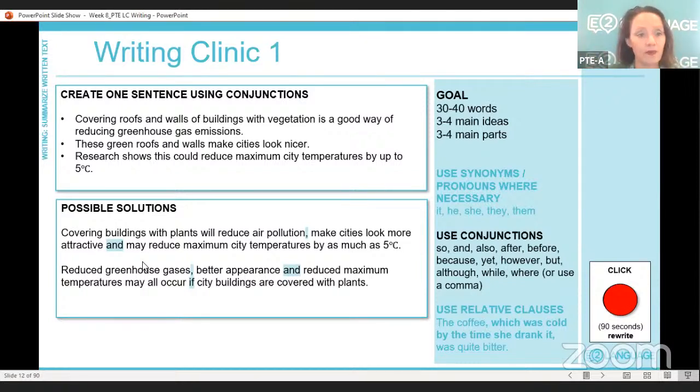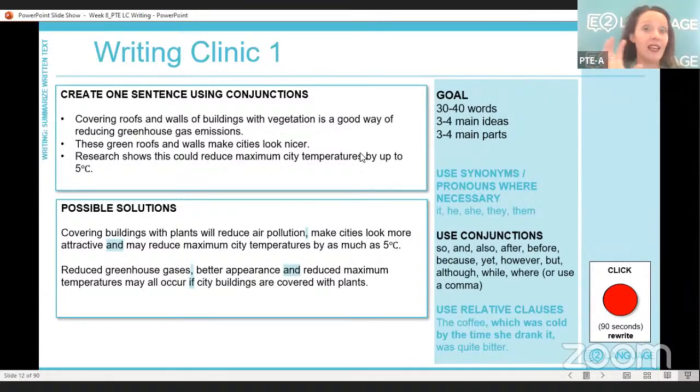It's like a list. And then option 2, reduce greenhouse gases, better appearance and reduce maximum temperatures may all occur if city buildings are covered with plants. So again, I've got a list and then I've put a conditional here. So different, probably didn't think of that.